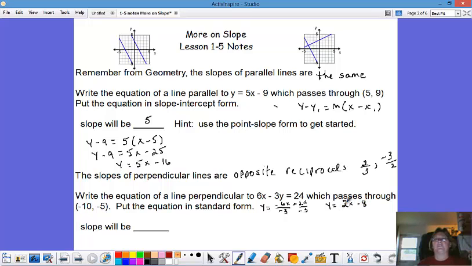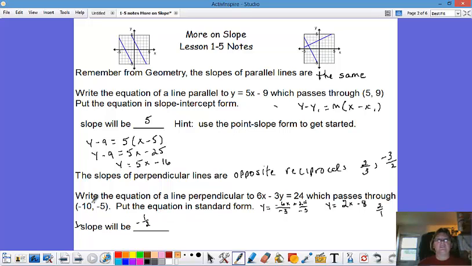And if its slope is 2, then we need to have the opposite reciprocal of that. So our perpendicular slope will be, well, if this is 2/1, we need it upside down and with the opposite sign, negative 1/2.